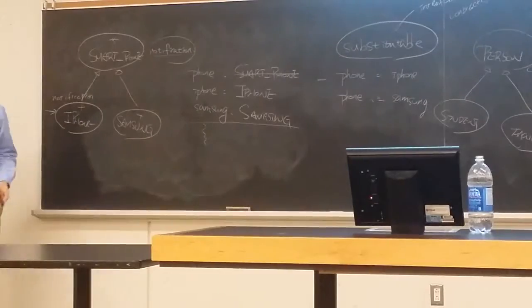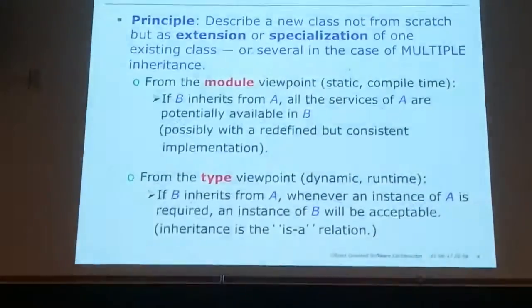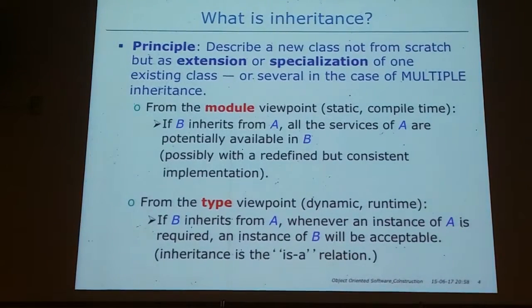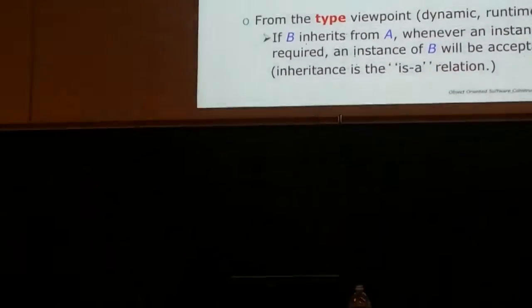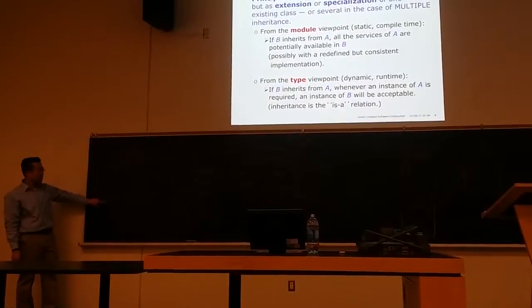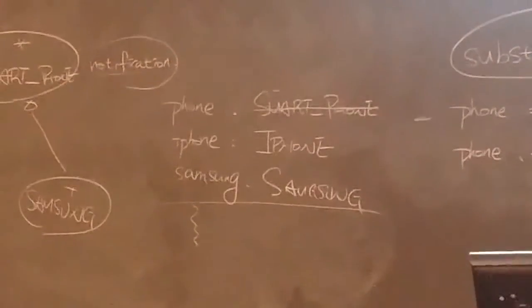So it's a secret. Okay, now for type. At runtime, you have a number of iPhone instances, and whenever you're expecting some smartphone instance, you can just give me an iPhone instance, because iPhone is a smartphone. Okay, nothing new.